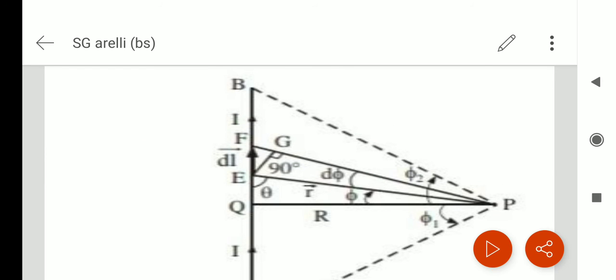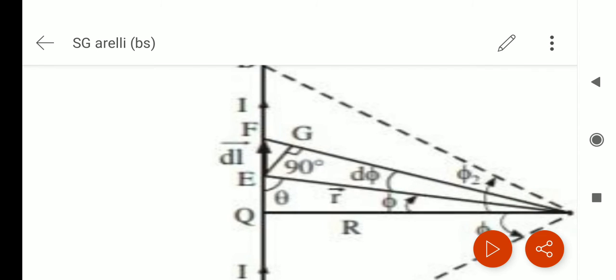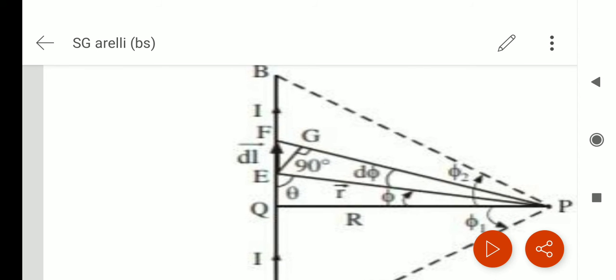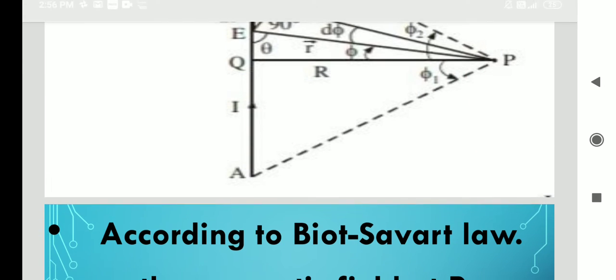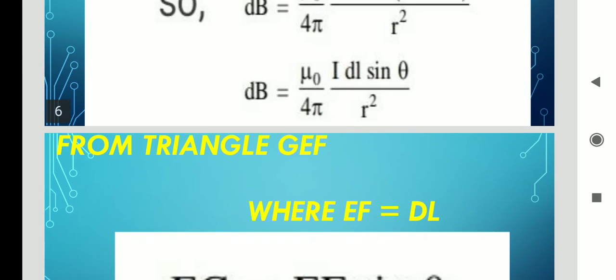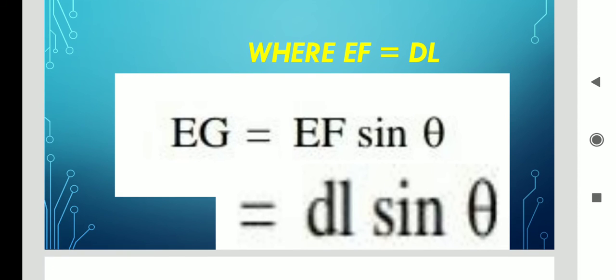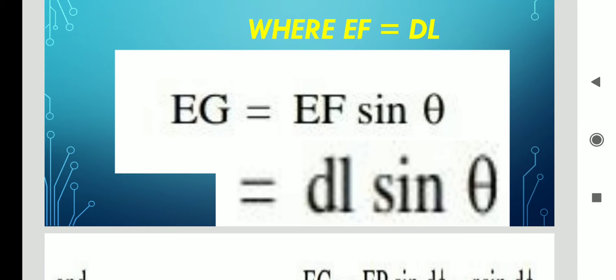From this particular triangle GEF, EG equal to EF sin theta, where EF is DL. That's the reason this can be considered as EG equal to EF sin theta, where EF equal to DL, then EG equal to DL sin theta.